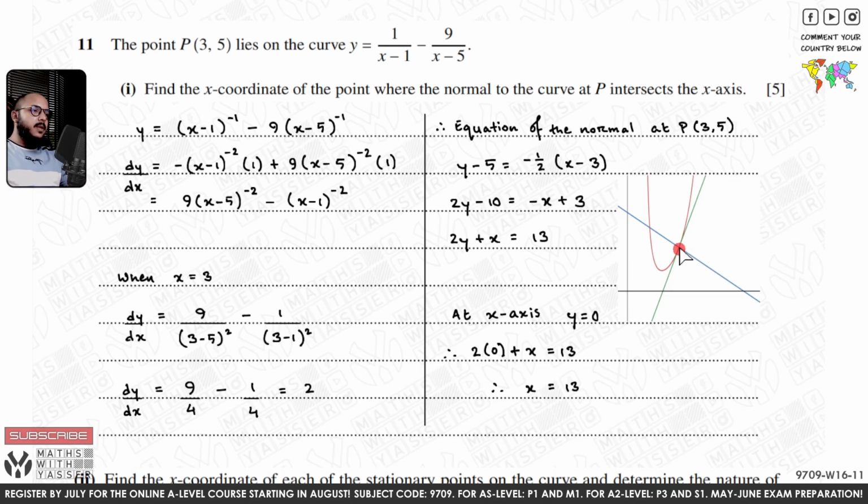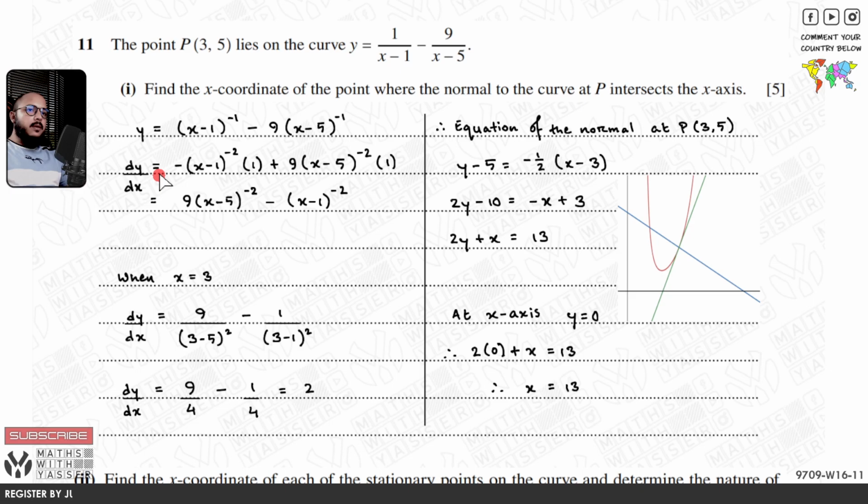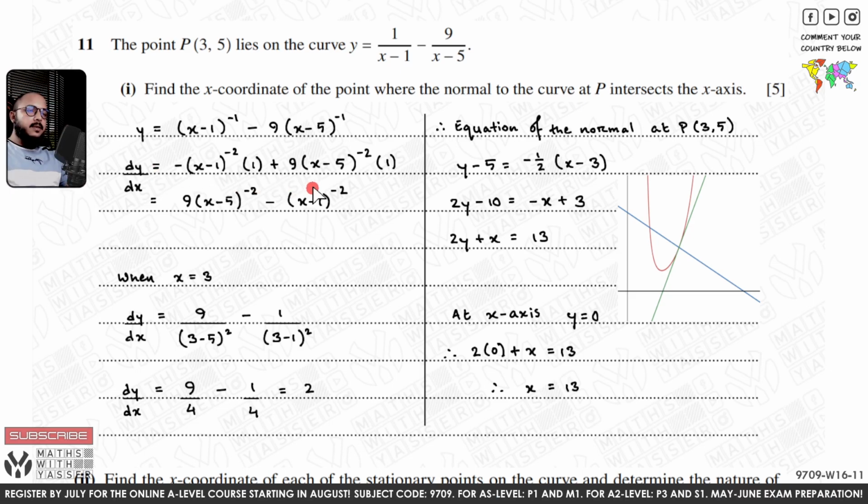Let's consider this to be the point P, which is (3, 5), and the normal to this curve at P intersects the x-axis. So we need to find this point. This is the equation of the curve. We need to differentiate this first. That way we will get the gradient of the tangent when x equals 3.